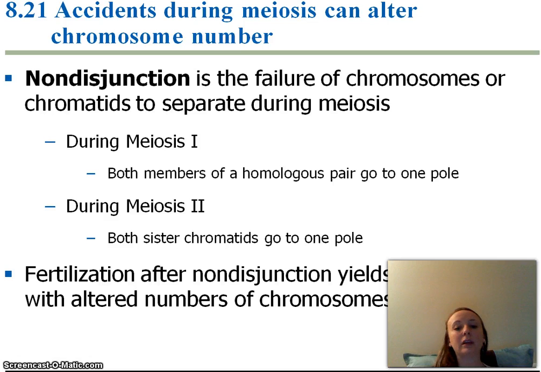What can happen is those homologous pairs fail to separate during anaphase, and both pairs will go to one pole. And then during meiosis 2, this can happen also. Because we no longer have pairs, both sister chromatids will go to one pole. Fertilization after this non-disjunction occurs will yield zygotes with altered numbers of chromosomes.